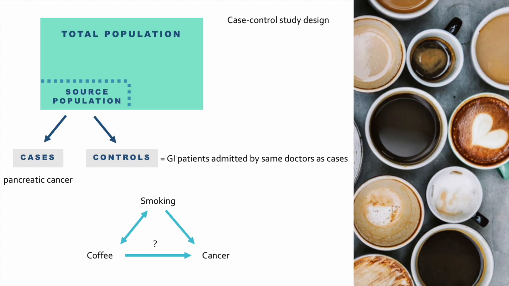So if you think about who would be under the care of a gastroenterologist, a lot of those patients may have stopped drinking coffee because they have gastric ulcers or other abdominal pain that's worsened by coffee consumption. So the people who said they don't drink coffee may have recently given up coffee due to gastrointestinal disease. So importantly, the controls in this study were not healthy people in the general population.